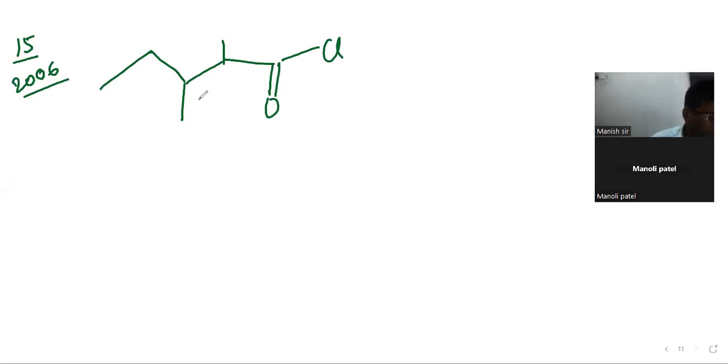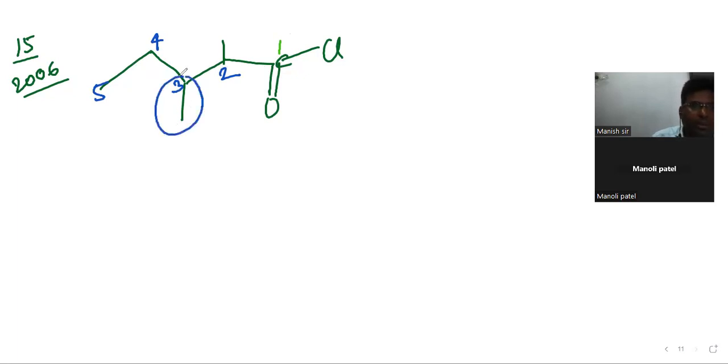First preference is given starting from this carbon, so this is the first. Next is second, third, fourth, fifth. So we'll see the longest chain. The longest chain is of five carbons. On the second and third there is branching.